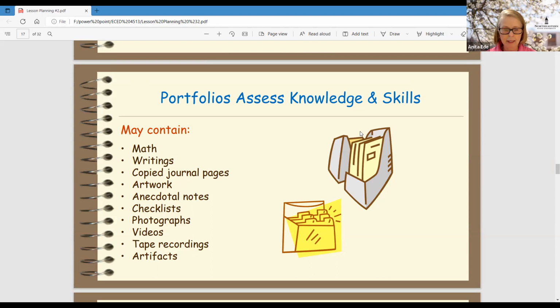checklists that I'd done, photographs of work. Oftentimes I would use videos, not so much anymore, but used to, tape recordings again. What I did do, and this probably is out of style now, was a tape recording of their reading at the beginning of first grade. And then I would do a tape recording of their reading at the end of first grade.